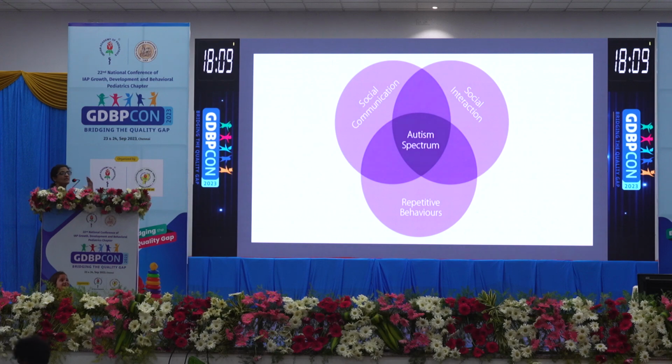Of course, after that comes social communication, as what Sir told. We have the language development, speech development, and all that. But then this is the arena where we would like to identify our babies, because by the time they come and tell us at 2 years, 2.5 years, that my child is not speaking, he's just speaking only a word or two.